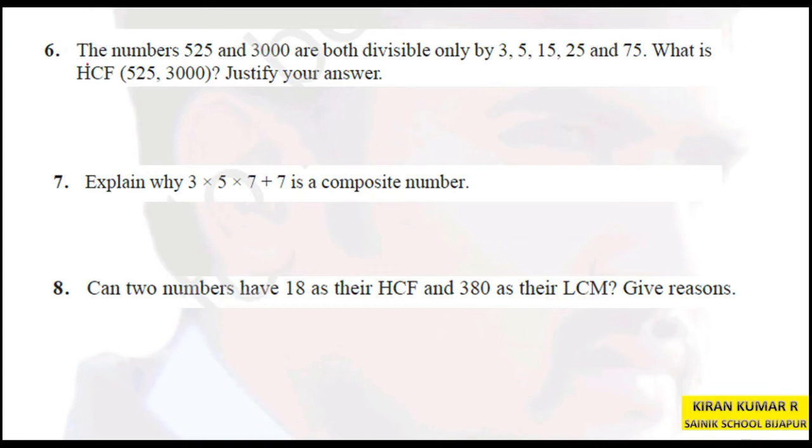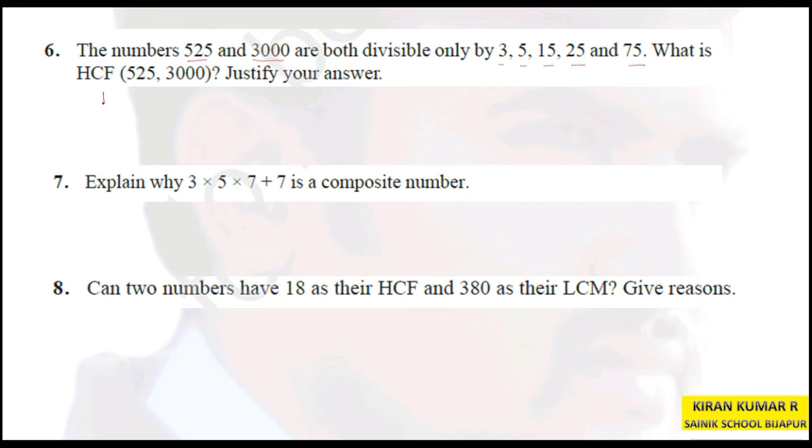Question 6. The numbers 525 and 3000 are both divisible by 3, 5, 15, 25 and 75. What is the highest common factor of 525 and 3000? It's very clear that here they have mentioned the numbers 3, 5, 15, 25, 75 are the divisors of both these numbers.